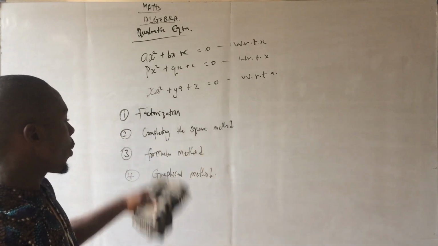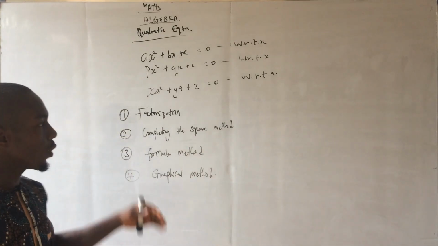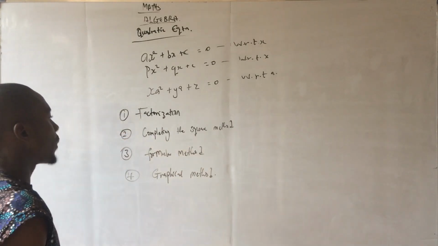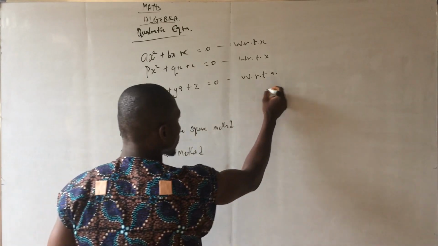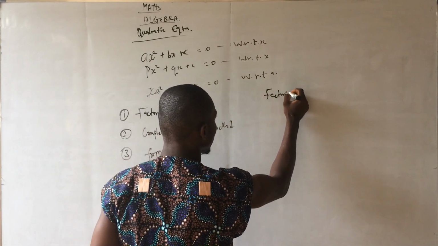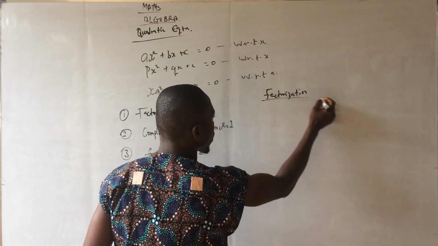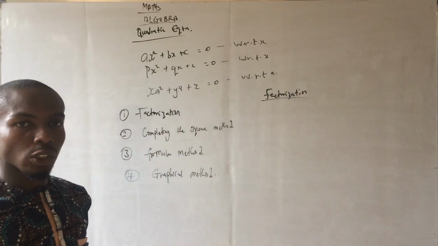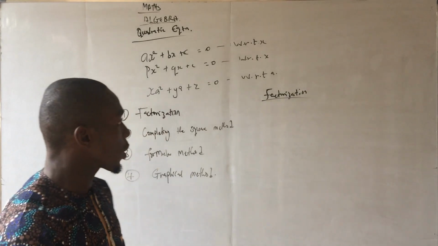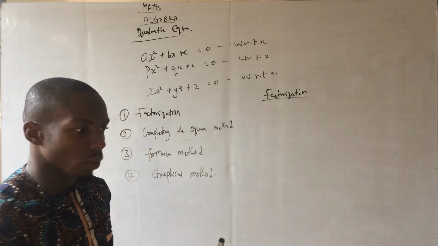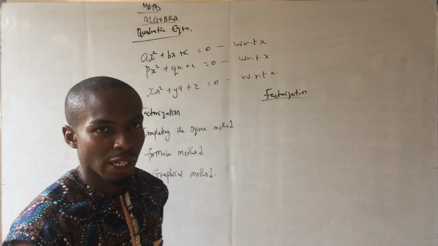So we take this one. In this video we're talking about factorization method. To factor out something, to factorize means to factor out something. And remember the definition of a factor.